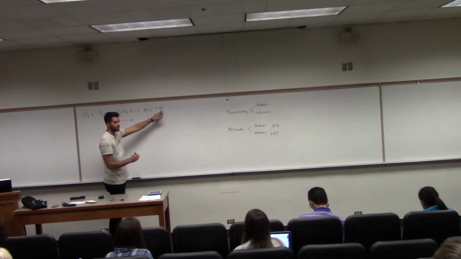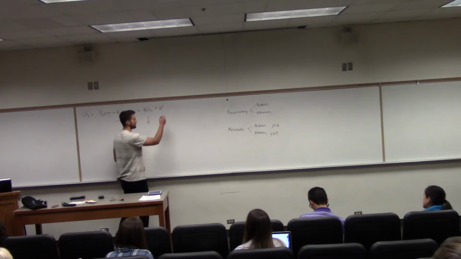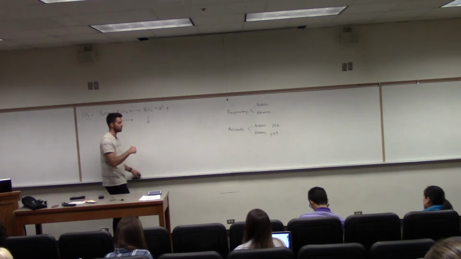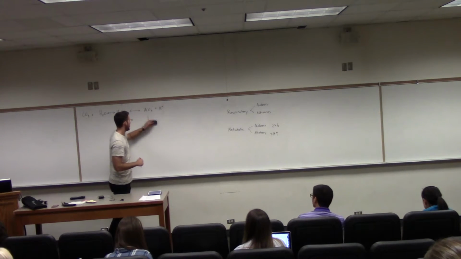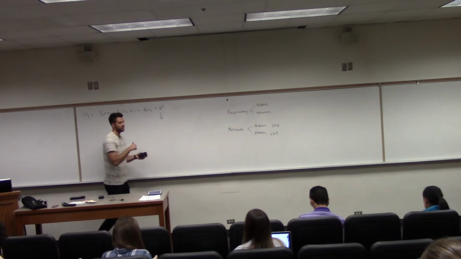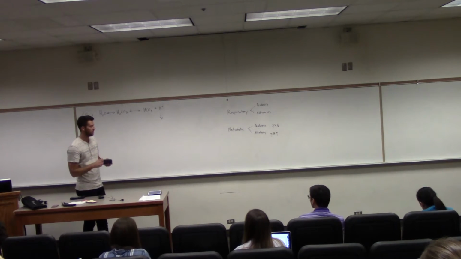Even if our H plus concentration is normal before it shifts, because it's going to shift, H plus is going to go up. So that is going to decrease pH: acidosis. With vomiting, H plus goes down, pH goes up. Alkalosis.